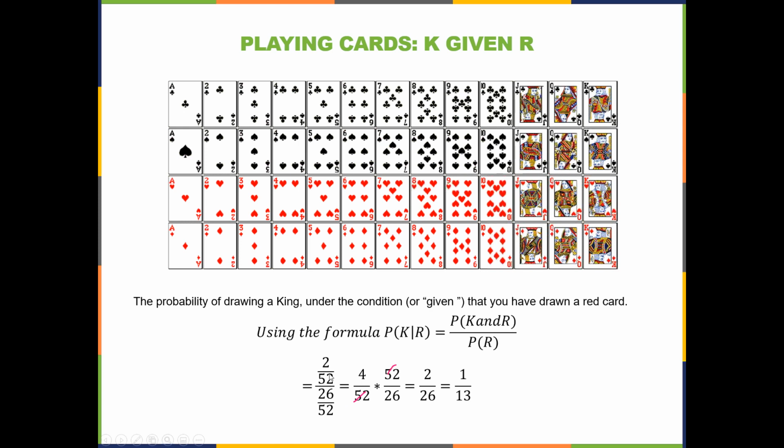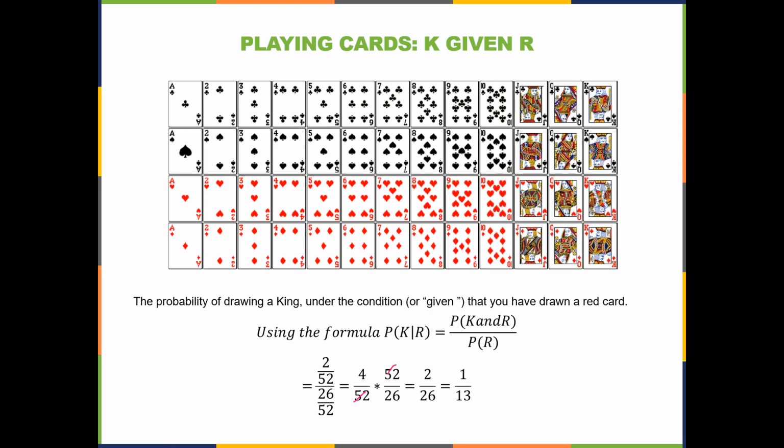If you remember dividing fractions, you would do keep, change, flip: keep the first fraction, change to multiplication, and flip the second fraction. Well then, because our denominators are the same, they end up canceling out. So we have a reduced version of this, and that's a typo. That should say 4 out of 26 there, and that reduces to 1 out of 13. Is that right? It seems weird.